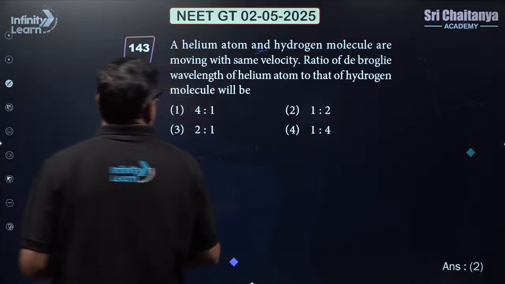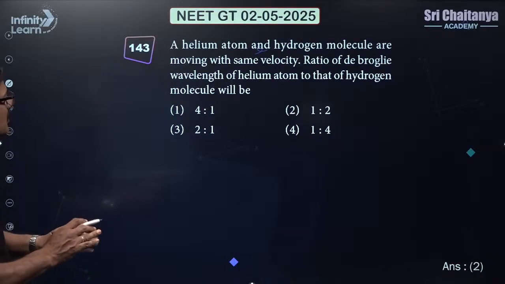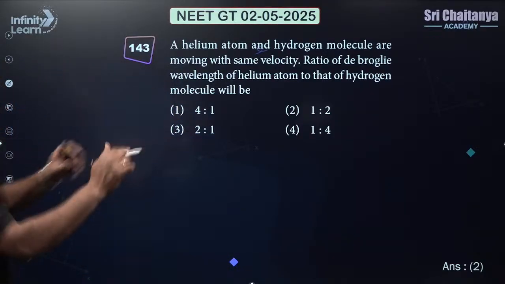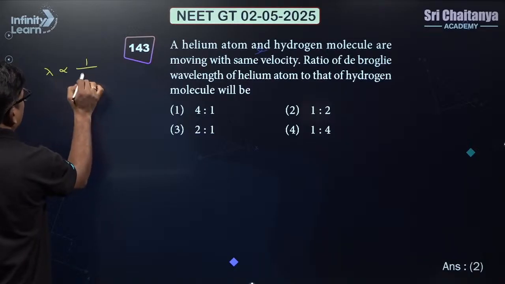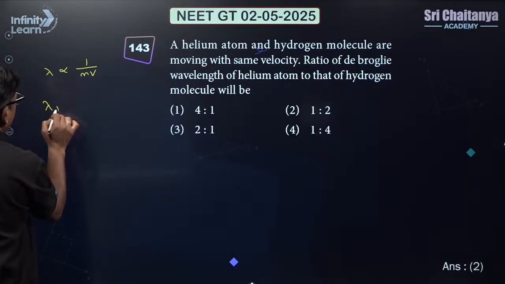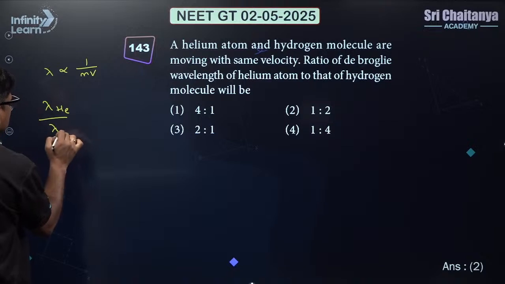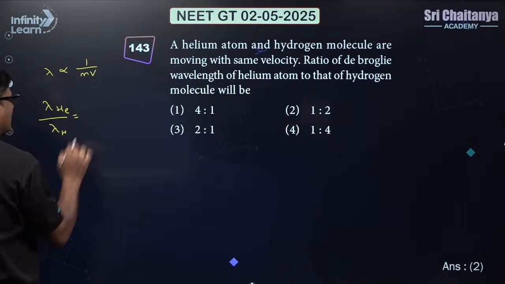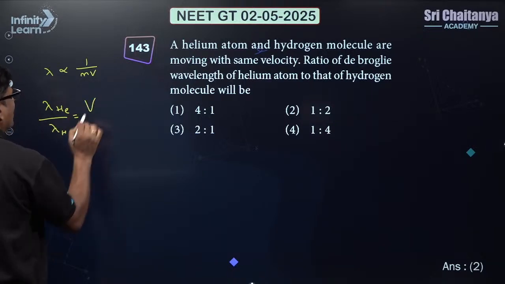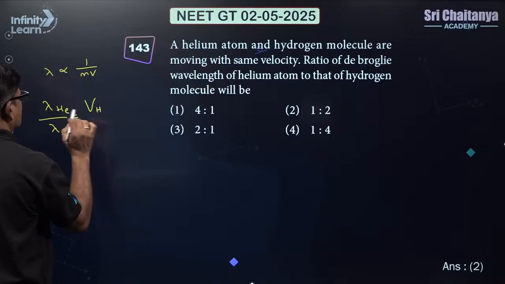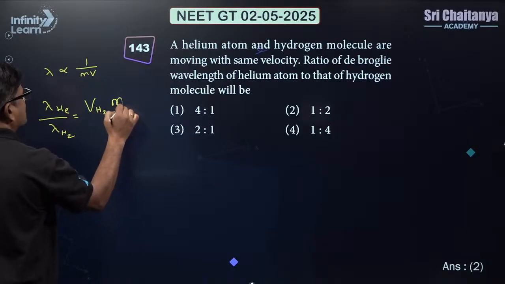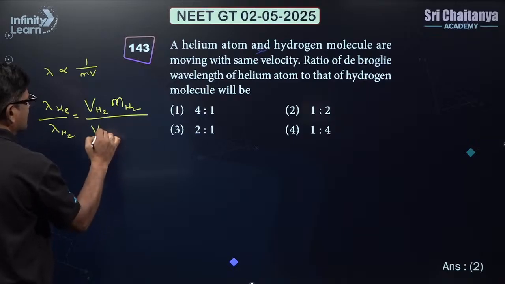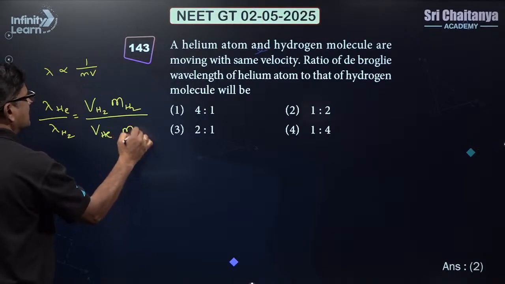And also, helium atom and hydrogen molecule are moving with the same velocity. Lambda is h/mv. So helium and hydrogen are moving with the same velocity. So velocity of hydrogen and mass of hydrogen, and velocity of helium and mass of helium.